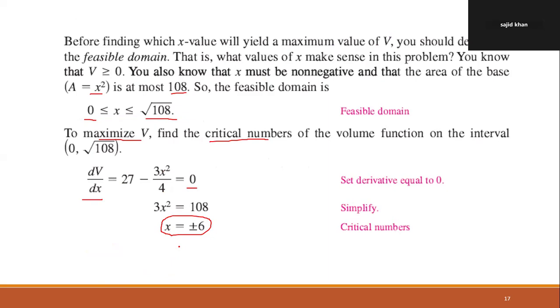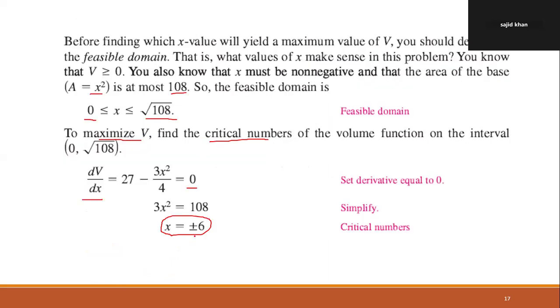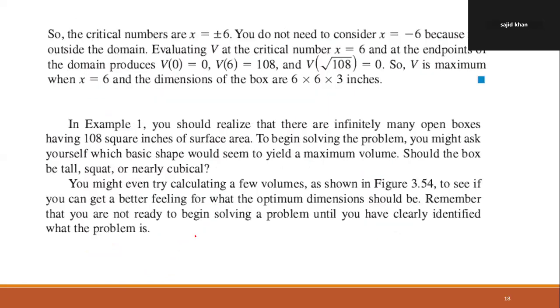And here you know that the feasible domain is from 0 to square root of 108 and x is the length, so it is basically only a positive value. So ignore the negative value and we pick only the positive value. Now next, we have discussed in the guidelines how to calculate the absolute extreme values.